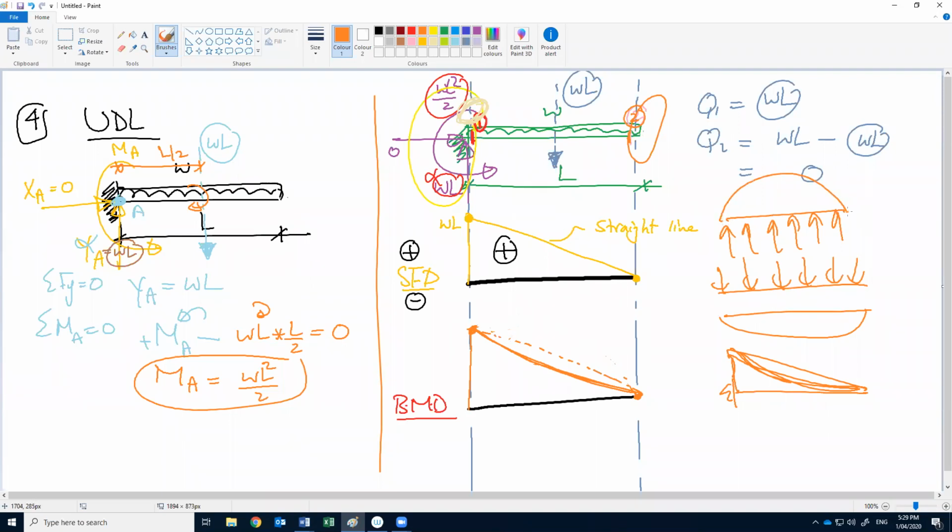So the parabola direction depends on the direction of the load. If the load is downward, the parabola will be downward. If the load is upward, the parabola will be upward. In structural engineering, we have some upward loads like uplift pressure of water, or soil reaction, if you are dealing with civil topics.